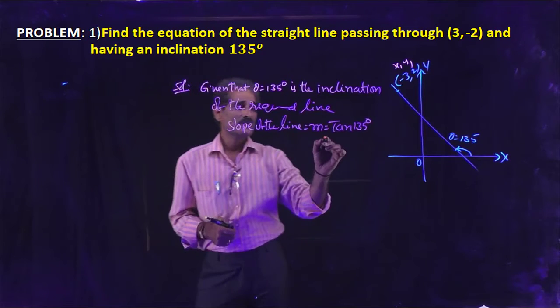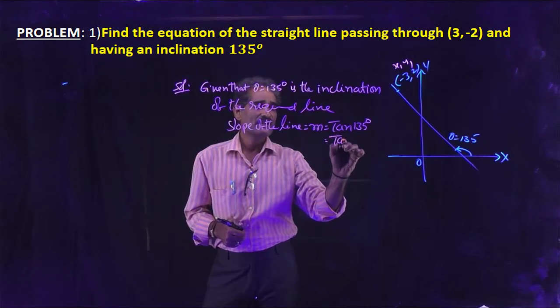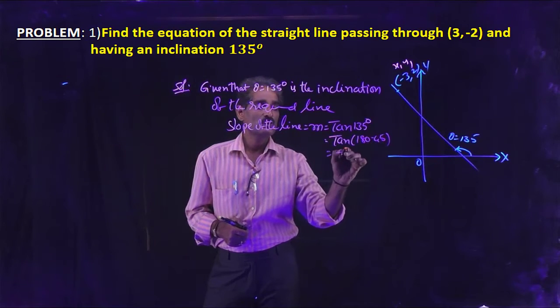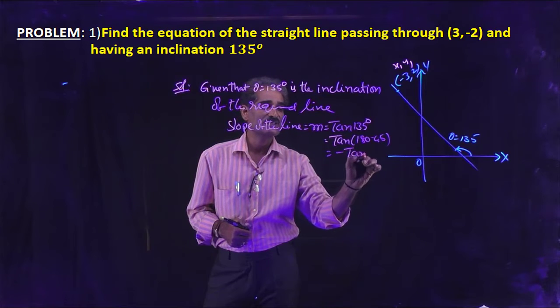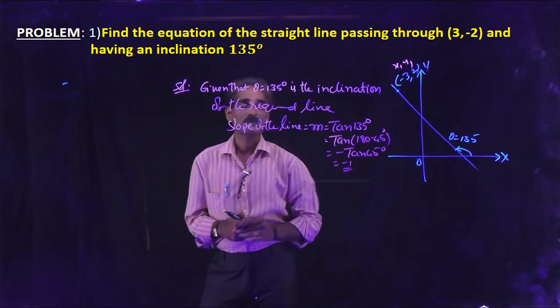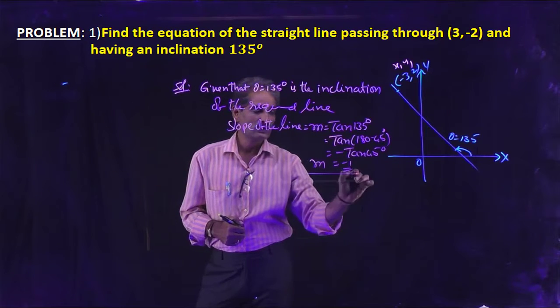That means tan of 180 minus 45 degrees, that is equal to minus tan 45 degrees, that is equal to minus 1. Now the slope of the line is equal to minus 1.